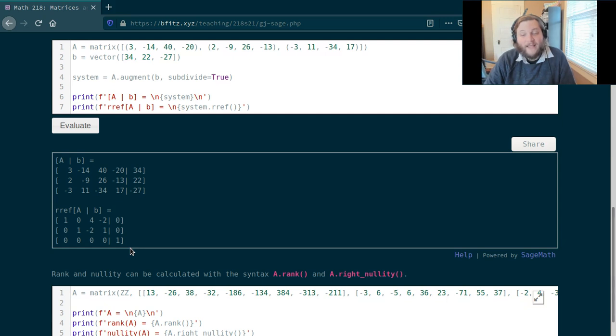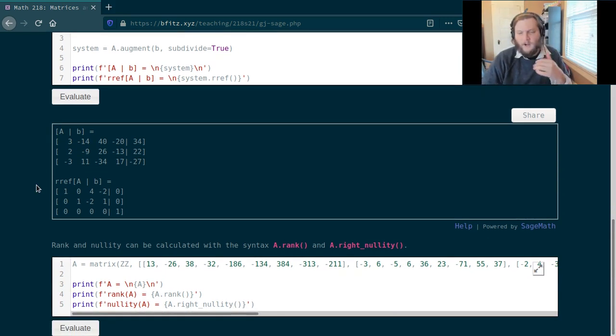And here I can do analysis on the system quite easily. It looks like we have 3 pivots, 1 in the first column, 1 in the second column, but then 1 in the augmented column. So that's telling me that the system is actually inconsistent. There aren't solutions. So here, yet again, we're finding that the Gauss-Jordan algorithm is powerful and useful.